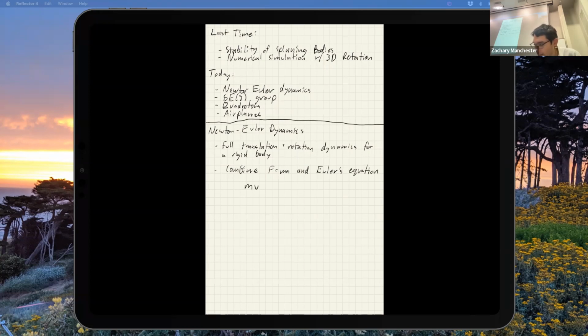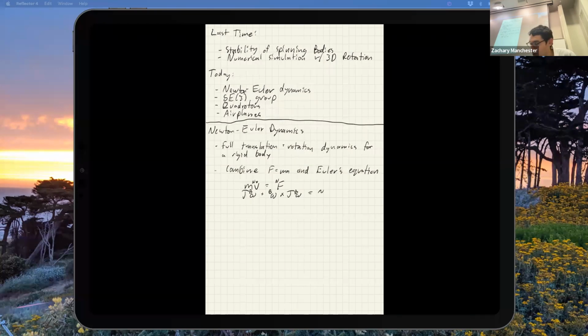You get your m v dot in the N frame equals F in the N frame. And then you've got the Euler equation, which we're going to write in the body frame. So this is where the subtlety comes in. There's actually multiple ways to write this stuff down, so I will show you the two common options.